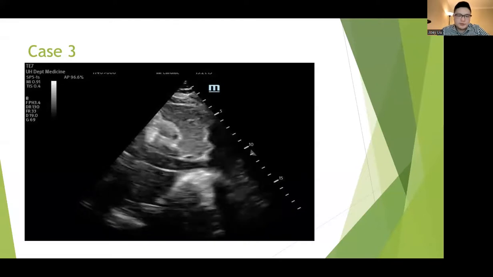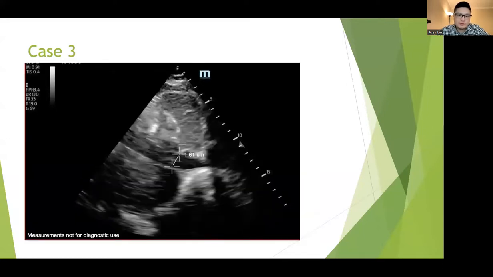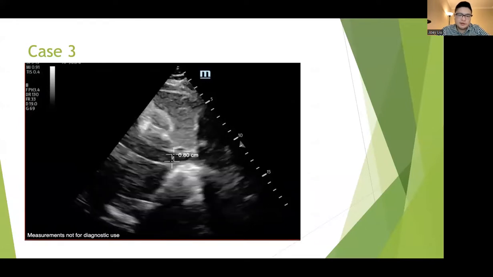So what we did in this case was compare what we can conclude from the different locations of the measurements. If we measure from the classic location just beside the hepatic vein, as we did here, even from the numbers you saw, 1.6, 0.8, you can see that there's almost 50% collapsibility.